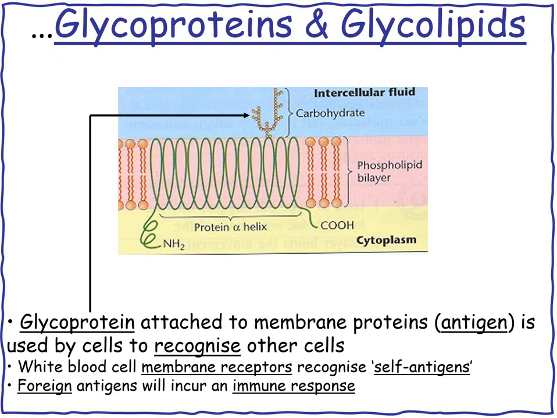Glycoproteins and glycolipids. Sometimes you might see a protein like this in a membrane with phospholipids either side. So glycoproteins are attached to the membrane proteins, which are antigens, and they are used by cells to recognise other cells. White blood cell membrane receptors recognise self-antigens, and foreign antigens will incur an immune response.